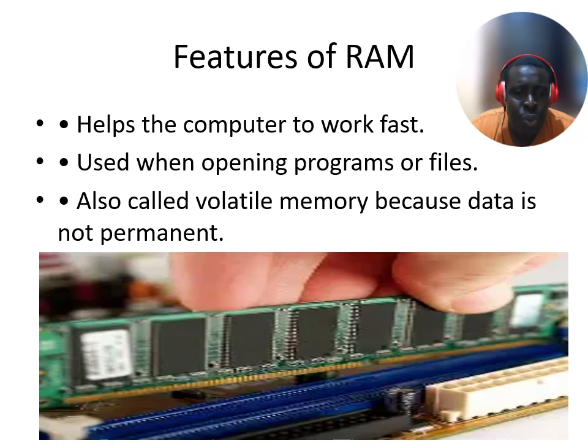Now it is used when opening programs or files. The moment you want to launch any application, program, or file, the RAM also kicks in and helps you open it very easily. We also call it a volatile memory because data is not permanent. Remember we said that the data on the RAM is temporary.